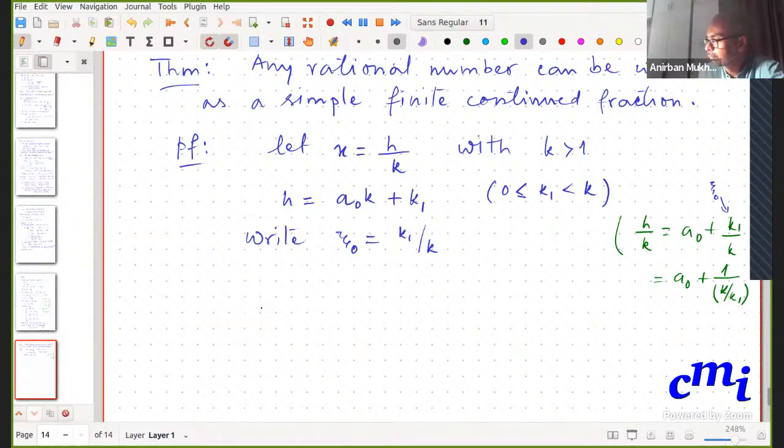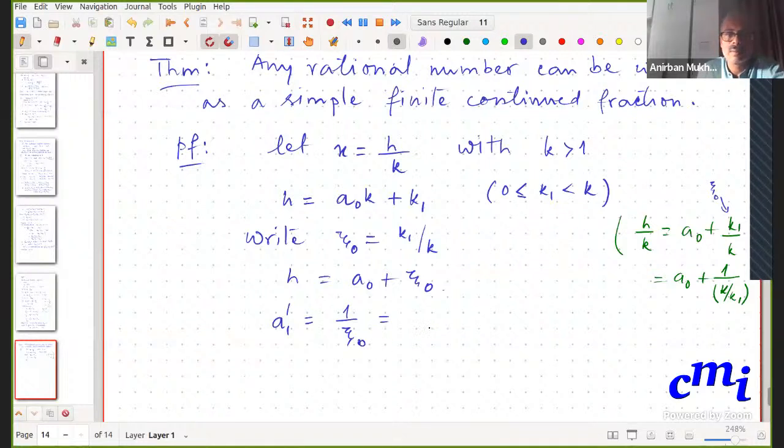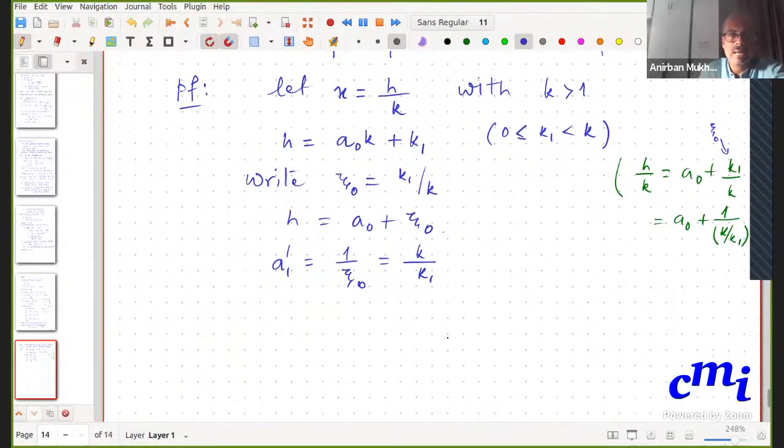So just write in exactly the same way. If this is a naught plus chi naught, then we say that a1 is 1 over chi naught, just as we did in the previous page. So this is k by k1, we invert it. And then use the Euclidean algorithm again.